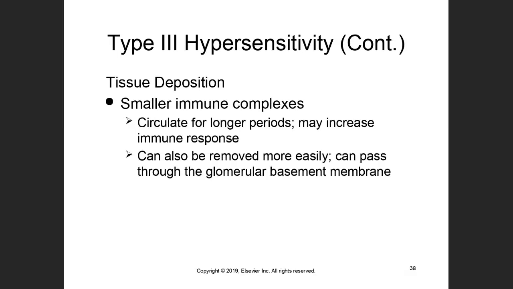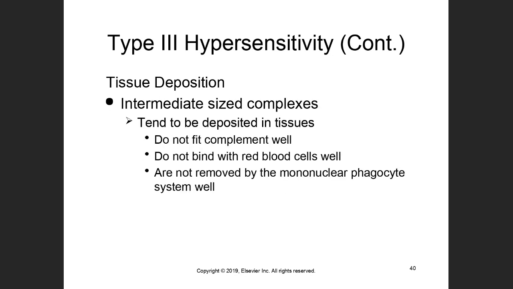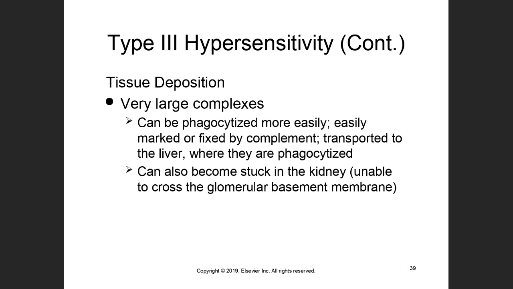Tissue deposition: smaller immune complexes circulating for a longer period may increase immune response. Very large complexes can be phagocytized more easily, and can also become stuck in the kidney and produce problems in the kidney, and that's one of the diseases because of the position of that complement in the kidney.